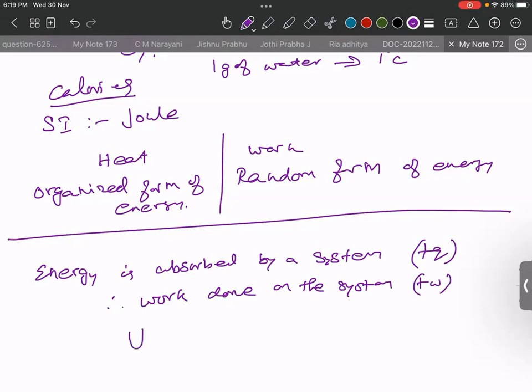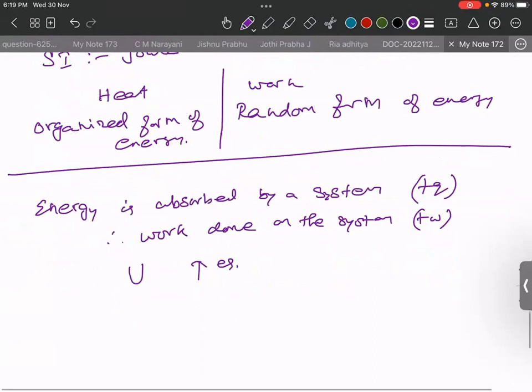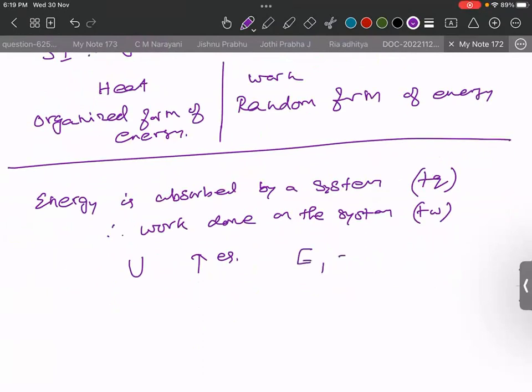What is the term used for internal energy? U. Okay, it also increases. So E1 is the initial internal energy, and E2 is the final internal energy.